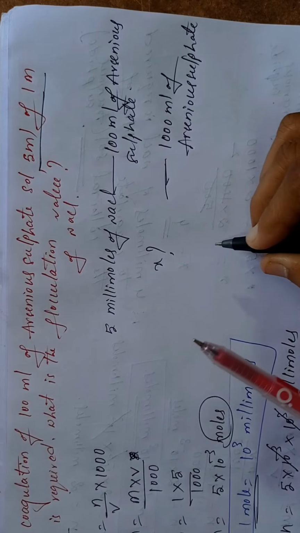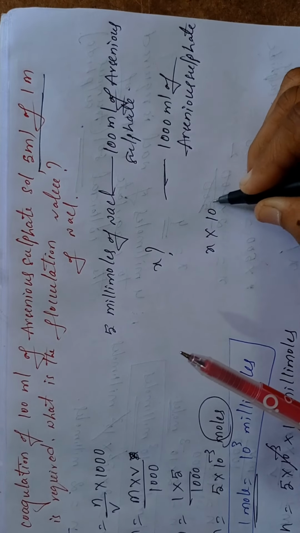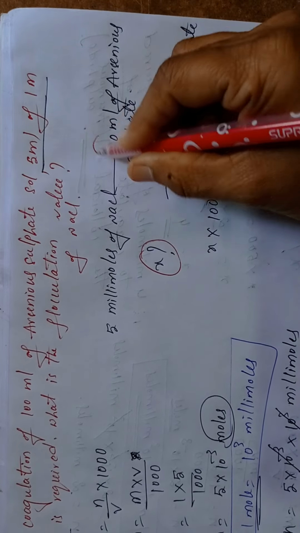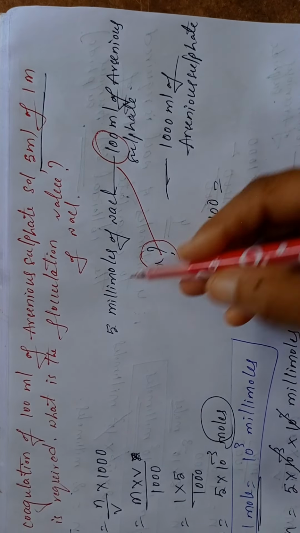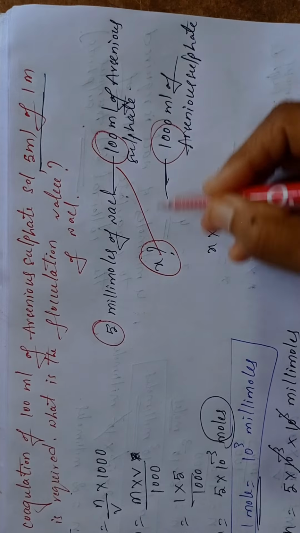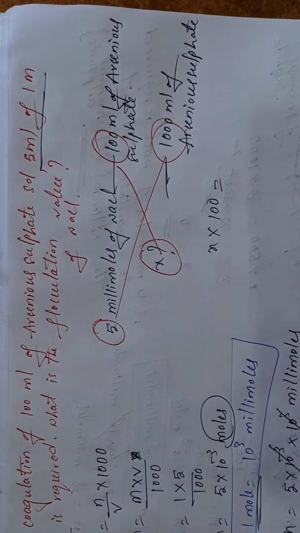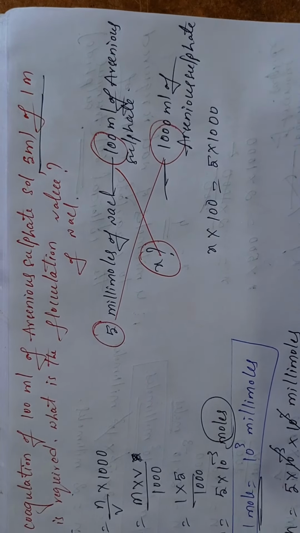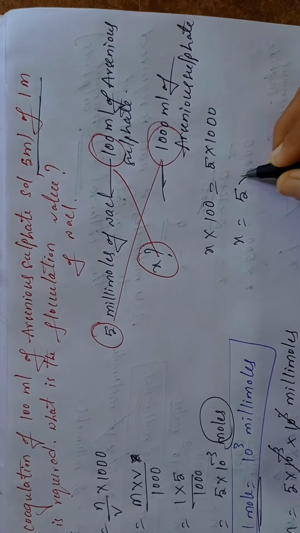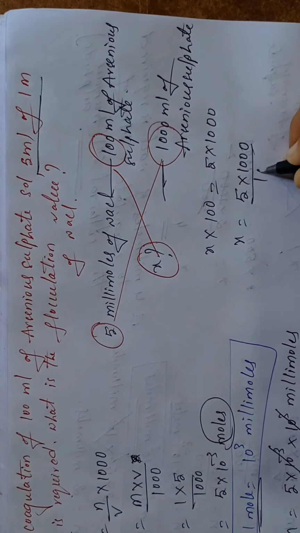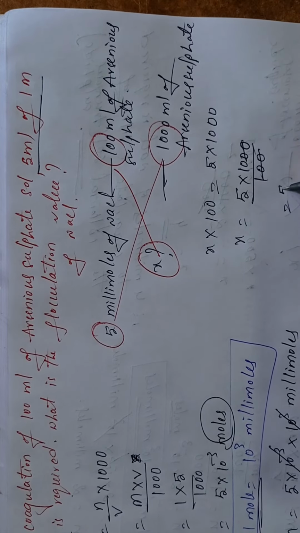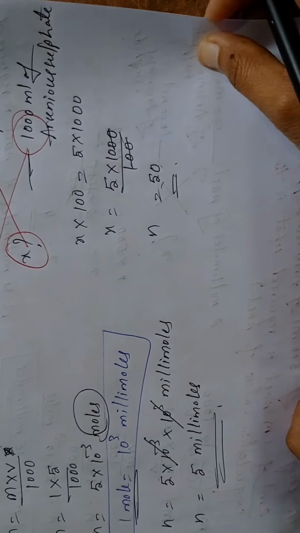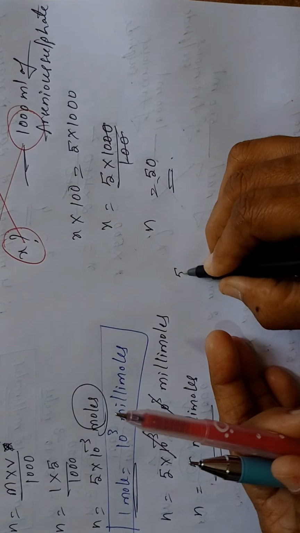So cross multiplication: x into 100 is equal to 5 into 1000. Are you clear, students? Then you will get x is equal to 5 into 1000 by 100. These two zeros will get cancelled. 50, we got the answer. So that means 50 millimoles of NaCl.